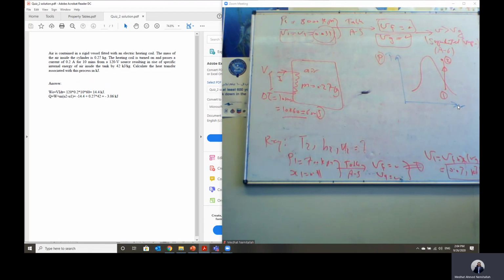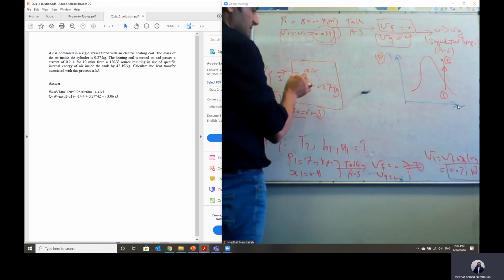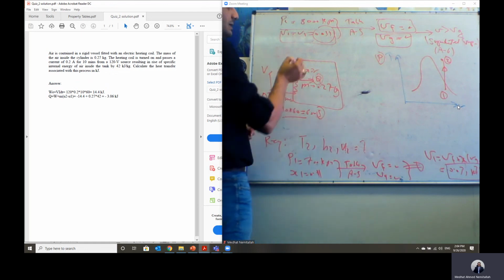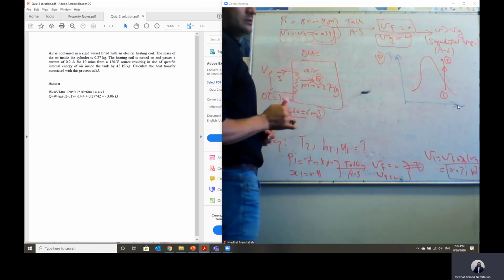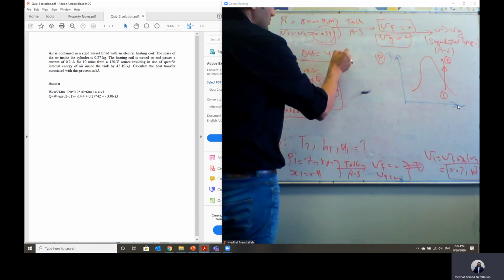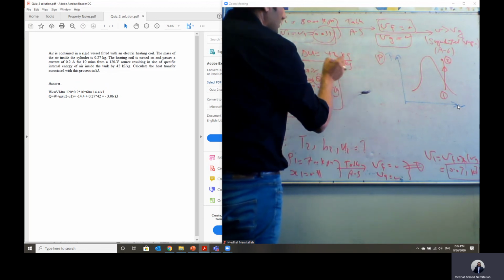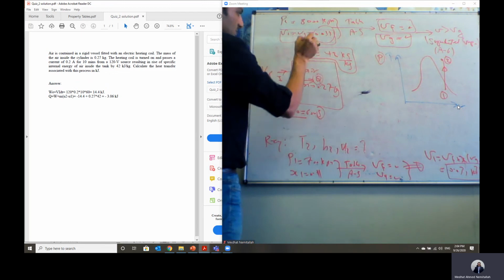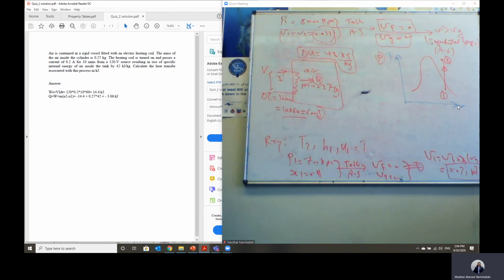We need to calculate the heat transfer. Due to this, the electric heating coil will be converted to heat up the air. The internal energy rises by 42 kilojoule per kilogram, which means this is the specific internal energy. This is a closed vessel, so the system is closed.